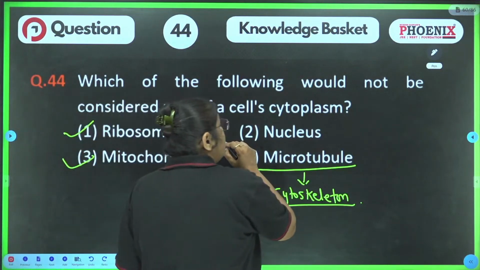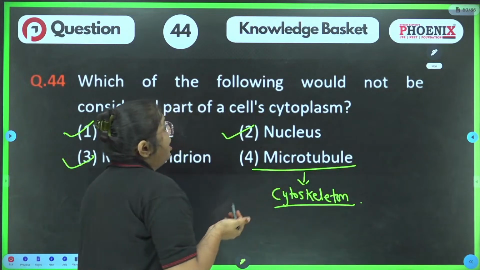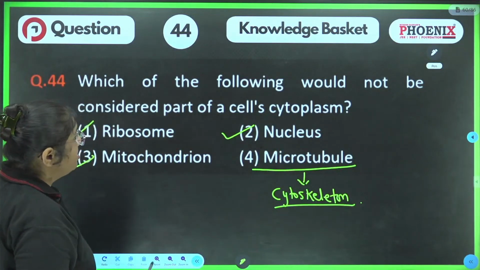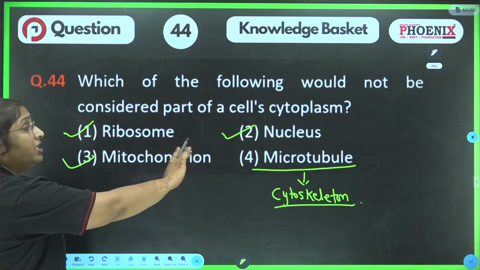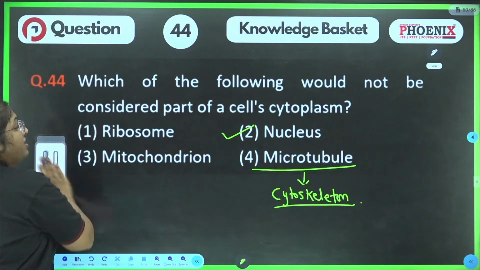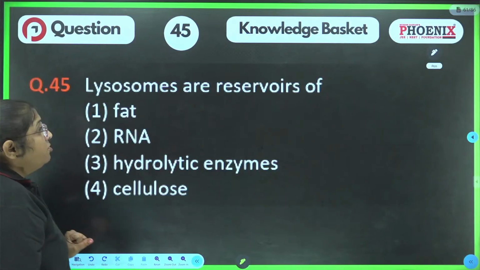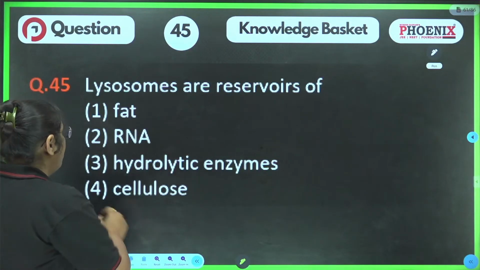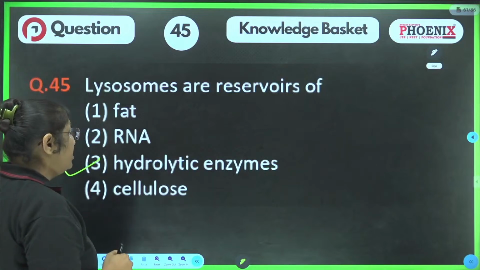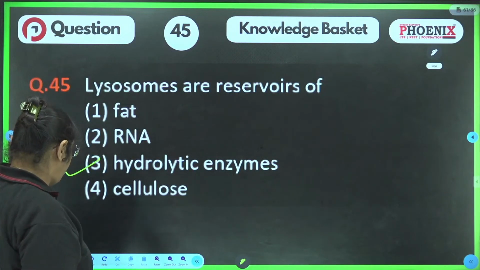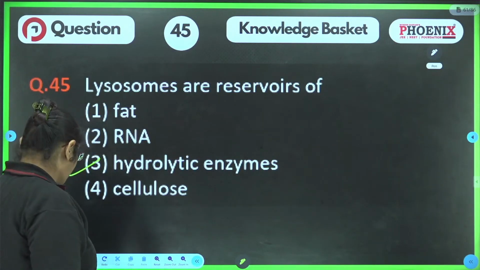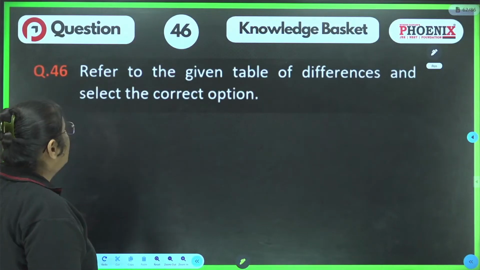So the answer will be the nucleus. The nucleus cannot be considered as part of the cell cytoplasm. Lysosomes are reservoirs of hydrolytic enzymes, as they help in digestion and engulfing of the materials.